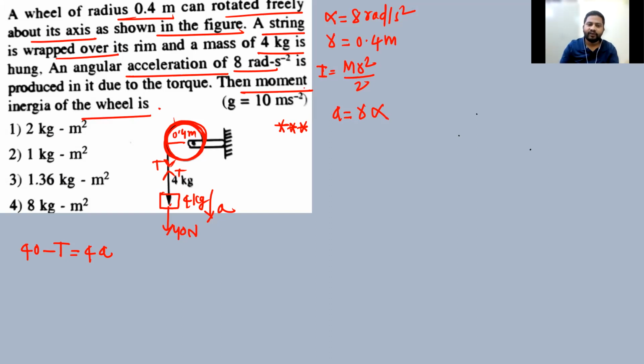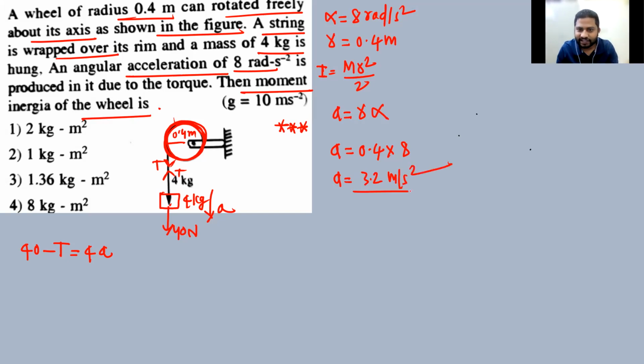So you have R alpha. A is equal to R, which is 0.4, into alpha, which is 8. Yes, acceleration is equal to 3.2 meter per second square.